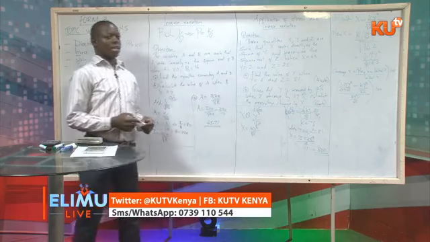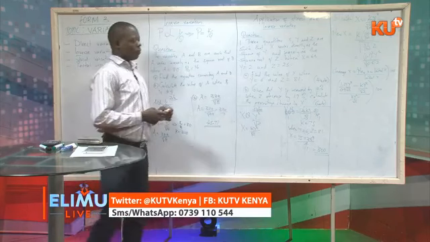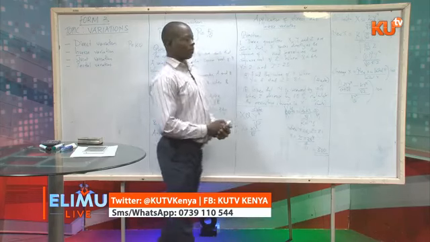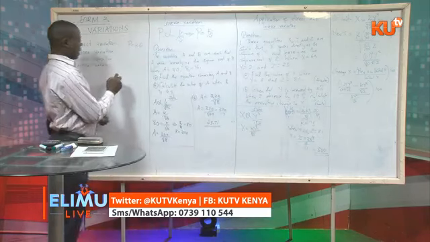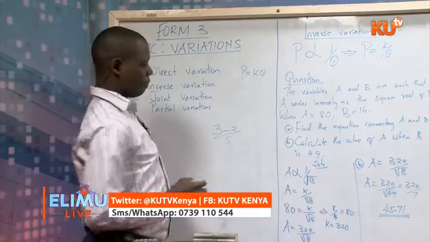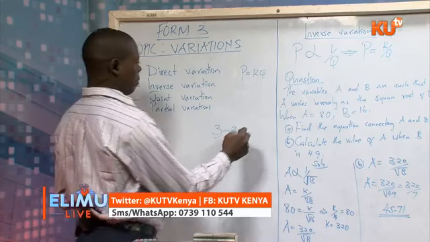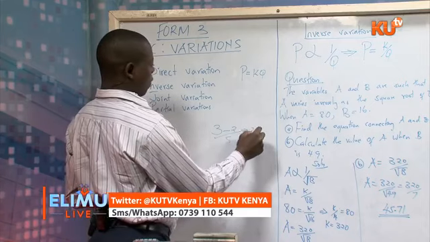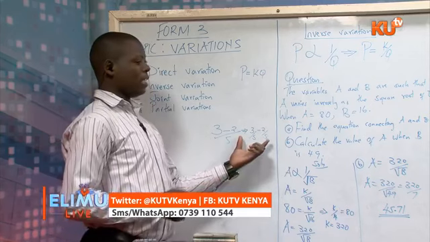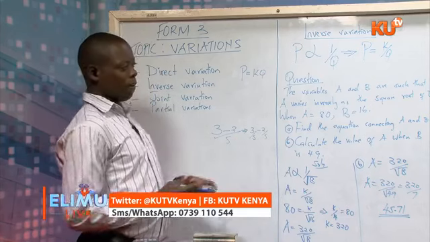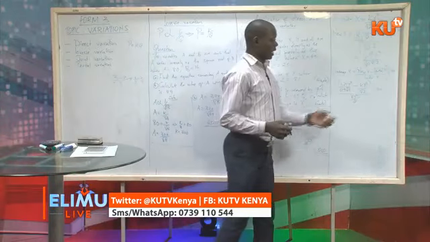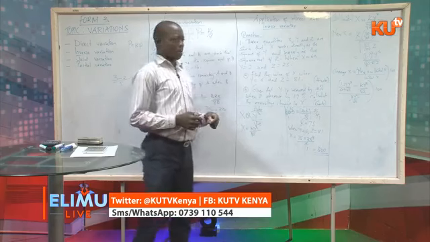Most students get there and they get stuck because they fail to know how to work out these unknowns. Now, if we have this case, 3 minus 2 over 5, this can be split as 3 over 5 less 2 over 5. Using this understanding in fractions, it simply means that ky squared over root z is a common denominator.